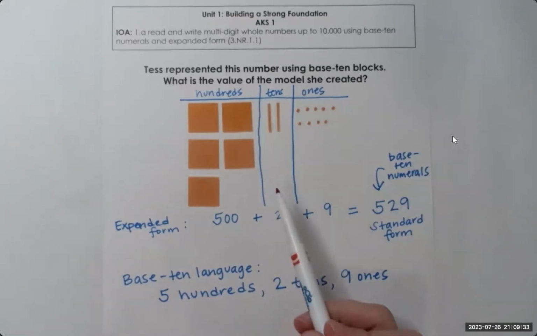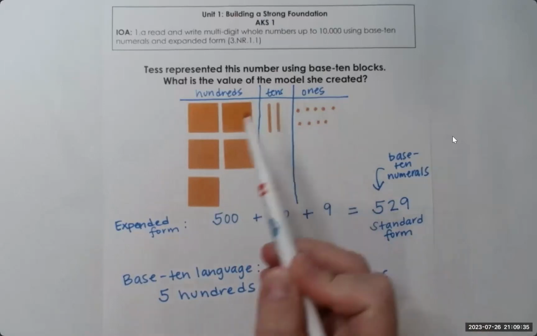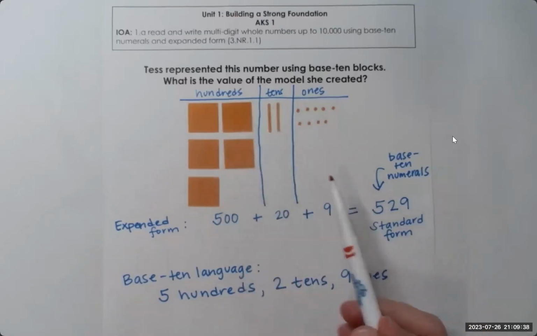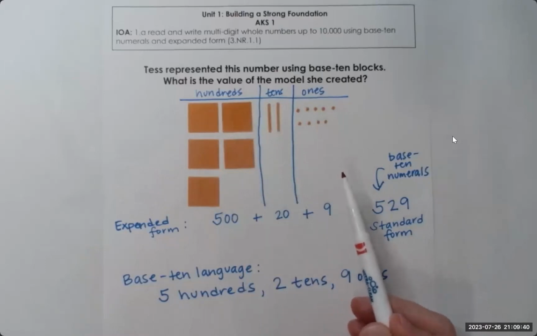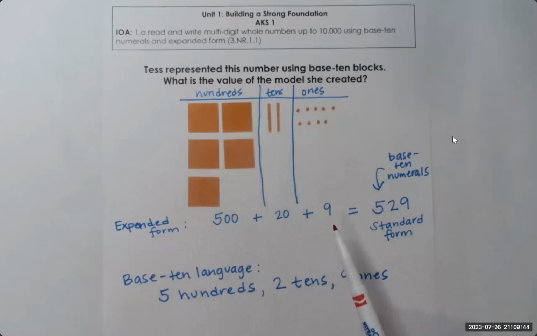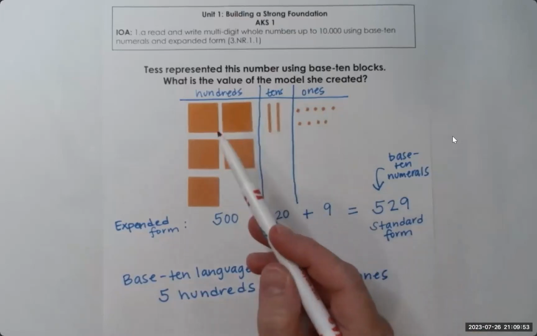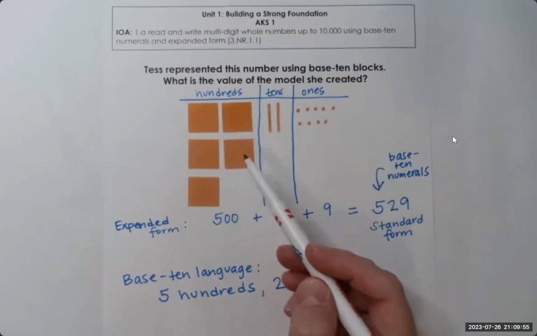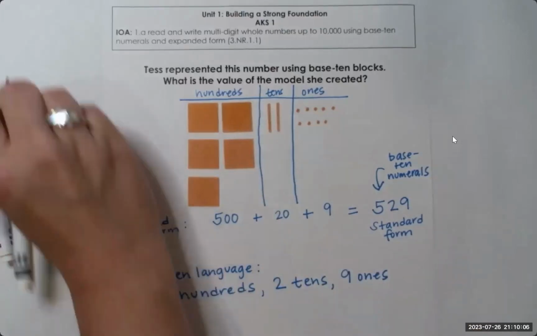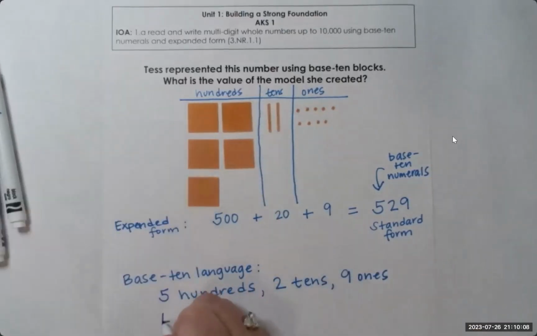One way to think about this is looking at the number that I have. What is a different way that I can represent the exact same number? Because I might be asked to represent this number in a variety of ways. So one other way that I could represent this same number is if instead of saying that I have 5 hundreds, what if I only said I had 4 hundreds? Blue is the color. 4 hundreds.